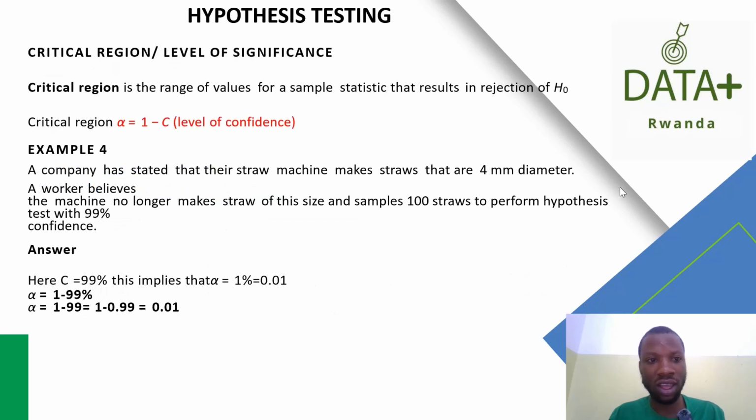So without taking too much time, there is also what we call the critical region and the level of significance. The critical region is a range of values for the sample statistic that results in a rejection of the hypothesis. It is also alpha equals 1 minus the confidence level, or the level of significance.